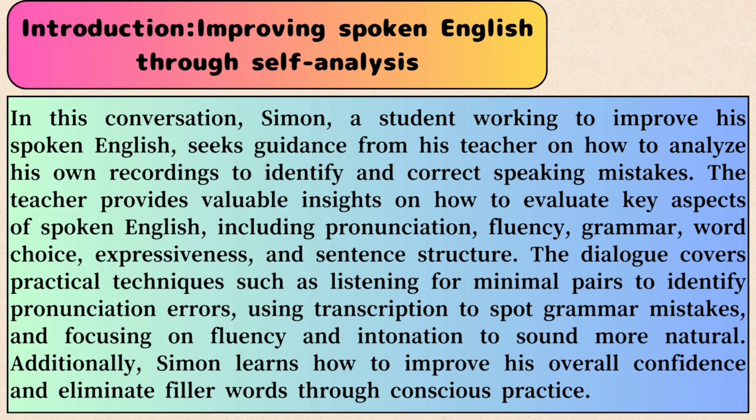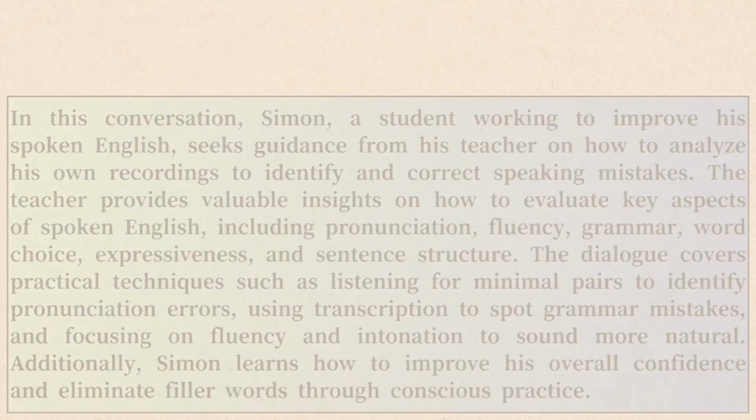The dialogue covers practical techniques, such as listening for minimal pairs to identify pronunciation errors, using transcription to spot grammar mistakes, and focusing on fluency and intonation to sound more natural. Additionally, Simon learns how to improve his overall confidence and eliminate filler words through conscious practice.